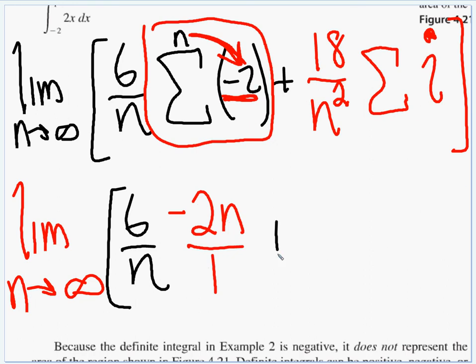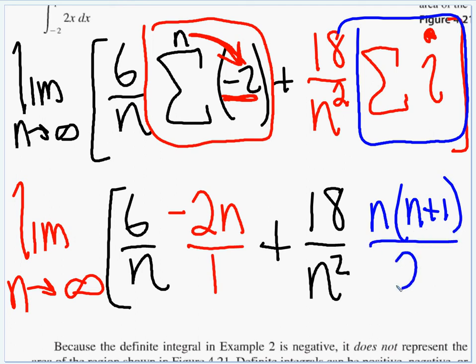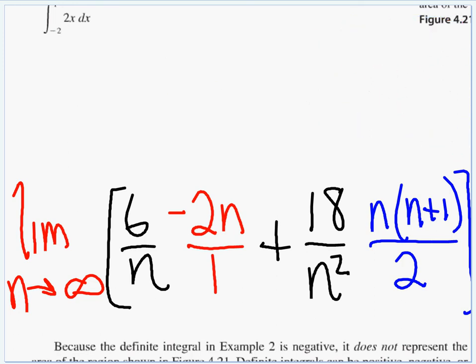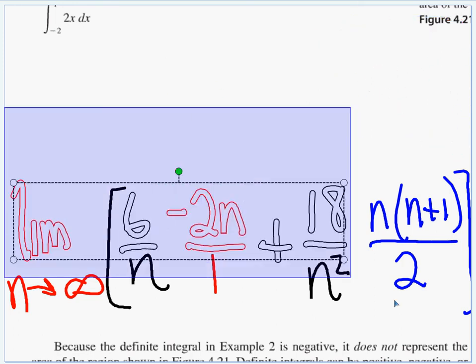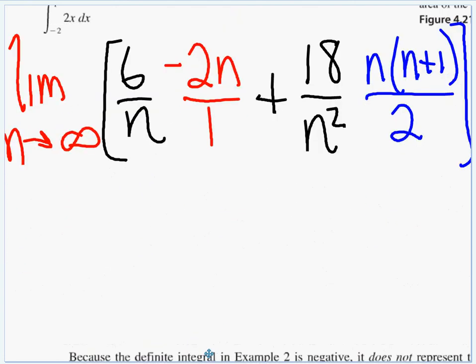And then we've got plus this 18 over n squared. This summation of i, we replace with n times n plus 1 over 2, n times (n plus 1) all over 2. Okay, it's just a little more algebra, and we let n go to infinity at our earliest possible convenience. And this nasty example will be over.